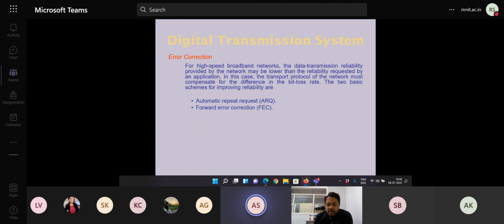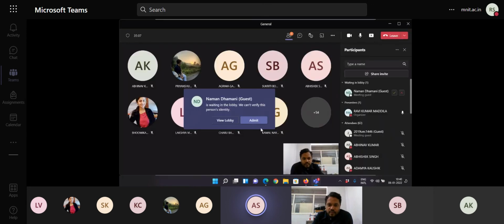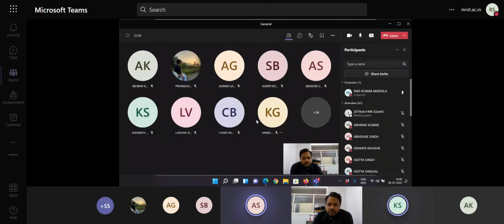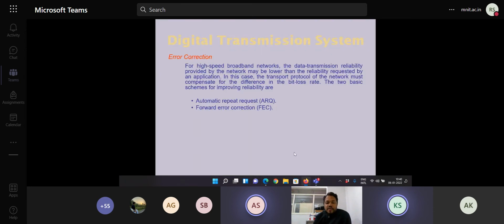Let's say I'm transmitting 15 bits of data, and the particular block code which I'm using has the capability to correct 3 errors.